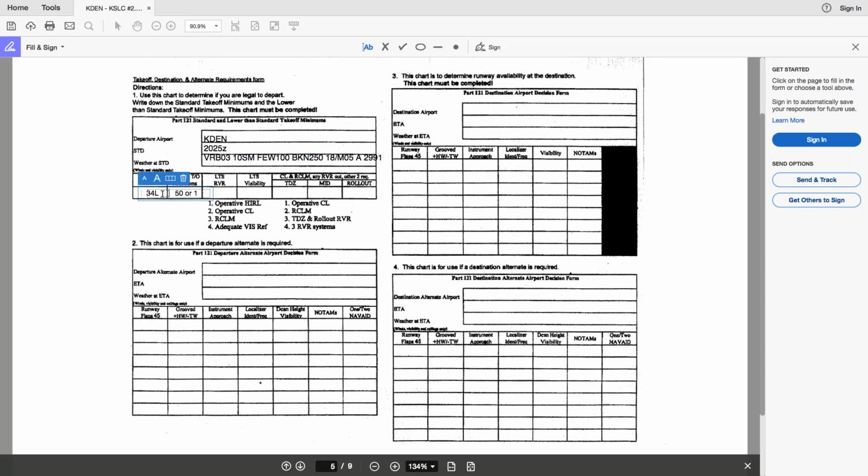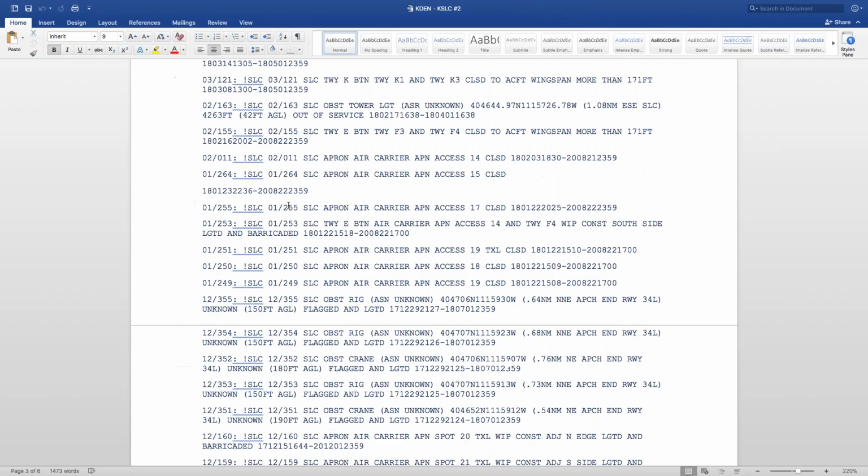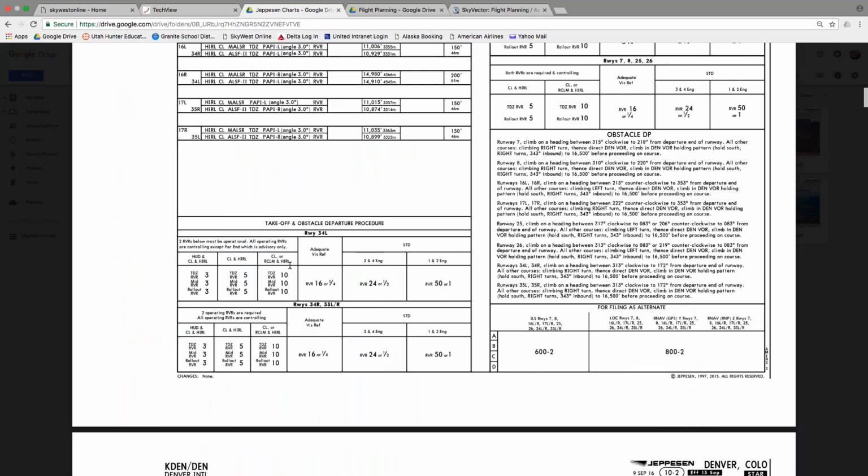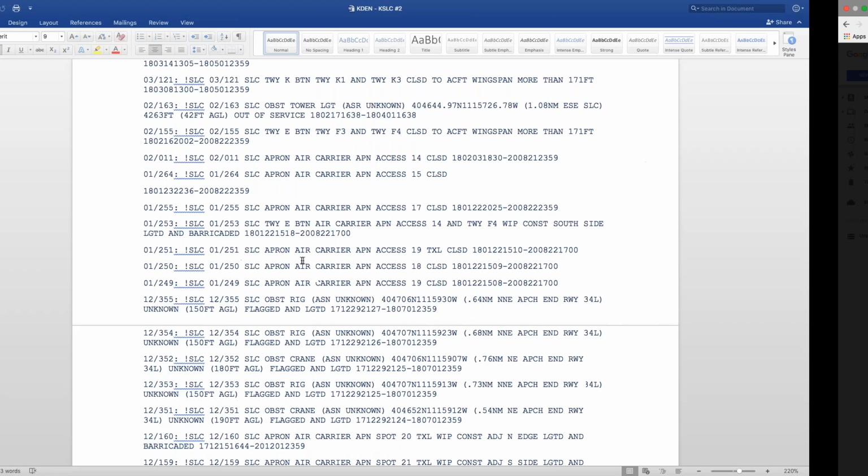Okay. Less than standard RVR? 1,600 or a quarter. Okay. That's our adequate visual reference, right?